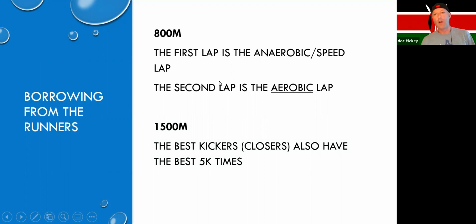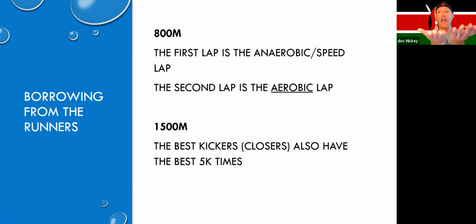Another example, looking at our 1,500-meter runners or our milers, the 1,500 metric mile, 3 3/4 laps around your local high school track. The best kickers or the best closers, in the parlance of horse racing, also have the best 5K times. So a 5K, 3.1 miles, 12.5 laps around the high school track.